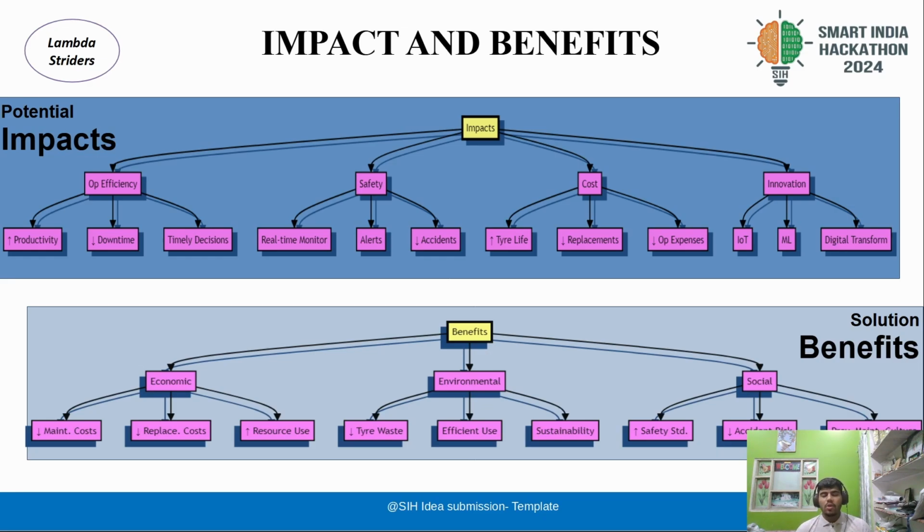And then the environmental factor: we are reducing tire waste, promoting sustainability and efficient use, social safety standards are going up, and accident risks are going down. I think we've got everything covered in here, and that's almost the end of it.